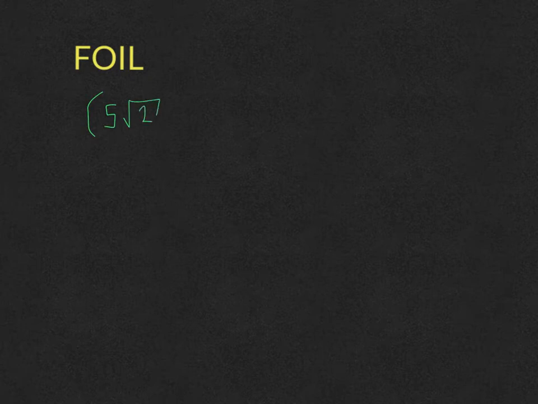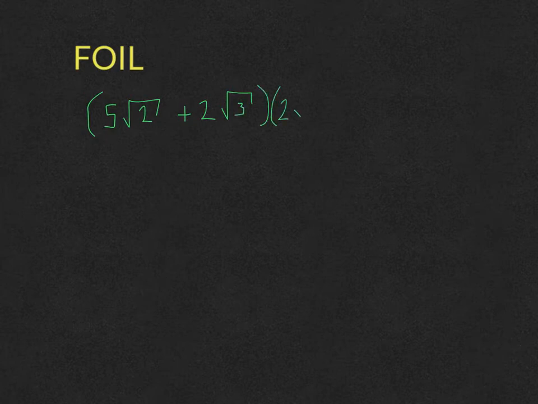So another thing you can do with radical expressions is you can FOIL them. So let's say I have 5 square root of 2 plus 2 square root of 3 times 2 square root of 2 minus 4 square root of 3.